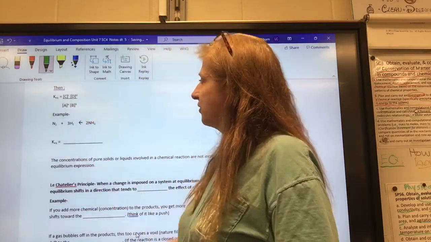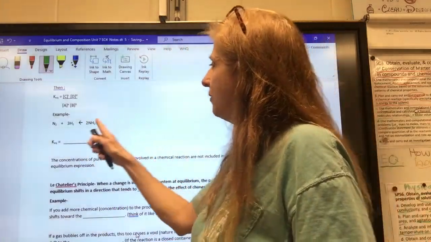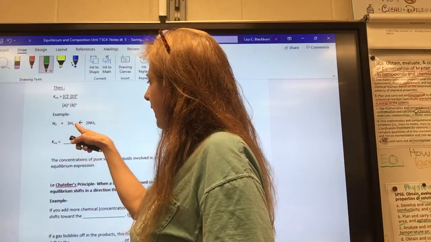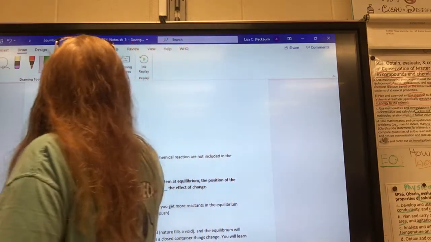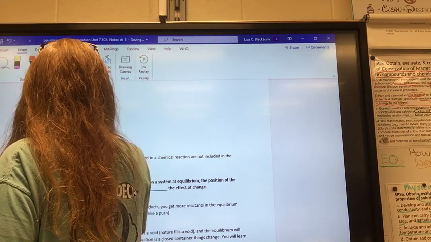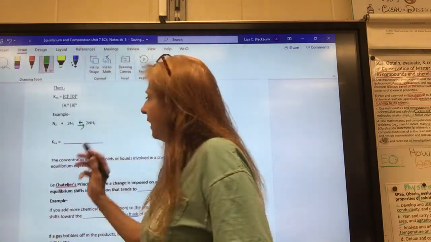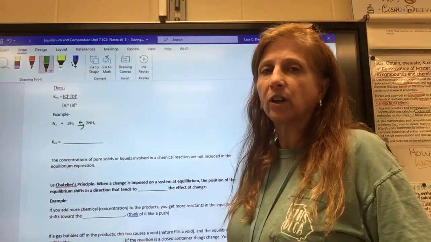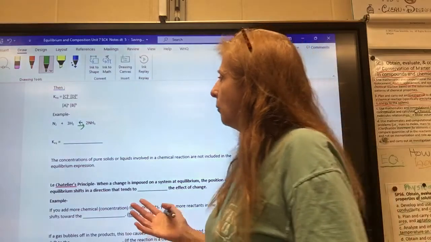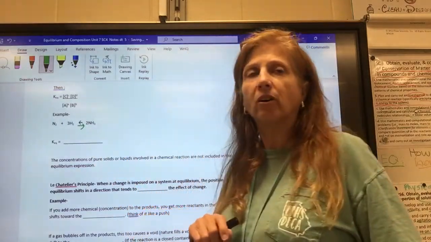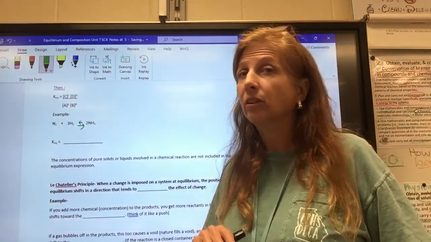So let's look at this one. Here we have nitrogen and hydrogen getting together to make ammonia. We need to make our arrow go both ways. It's balanced, so we're going to write the equilibrium expression. We put products in the numerator or denominator? Numerator.